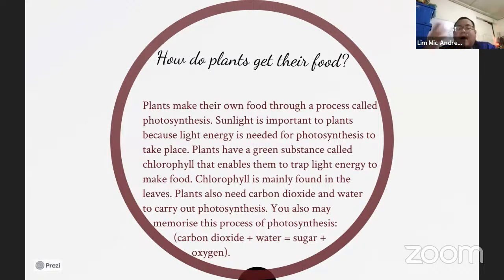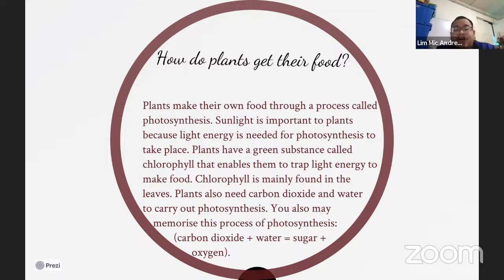So how does a plant get its own food? As mentioned earlier in the first lesson on photosynthesis, we know that plants make their own food through a process called photosynthesis. And they use sunlight, because sunlight gives out the light energy needed for the plant to conduct photosynthesis.